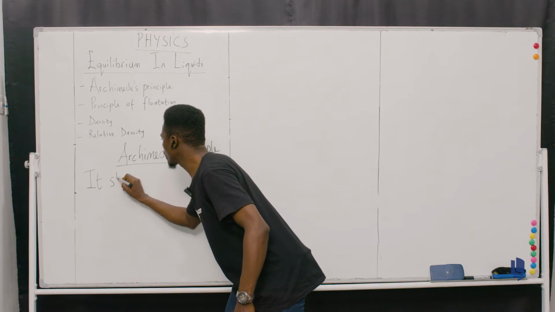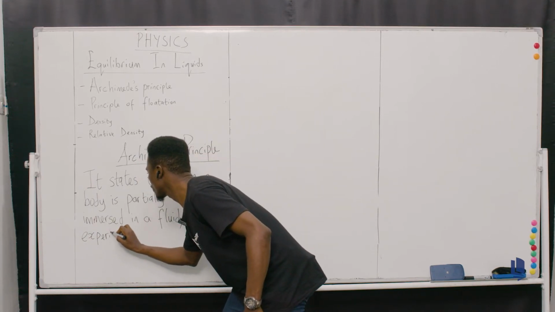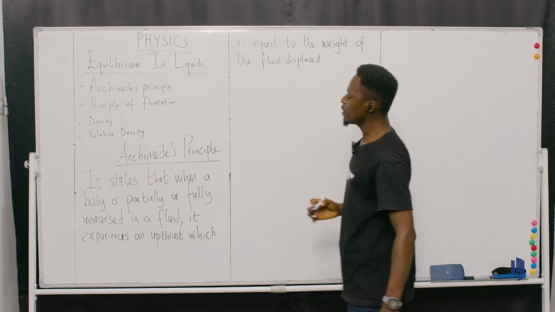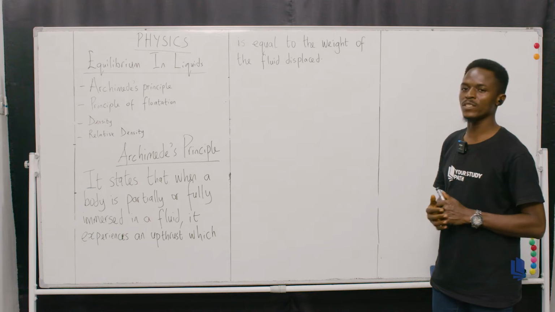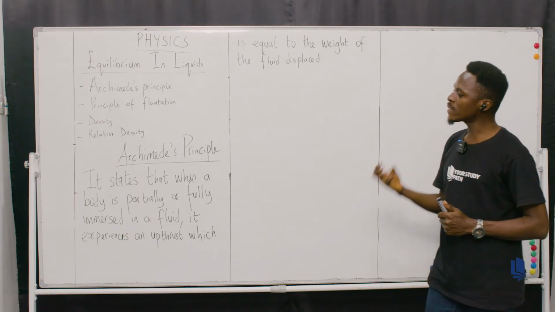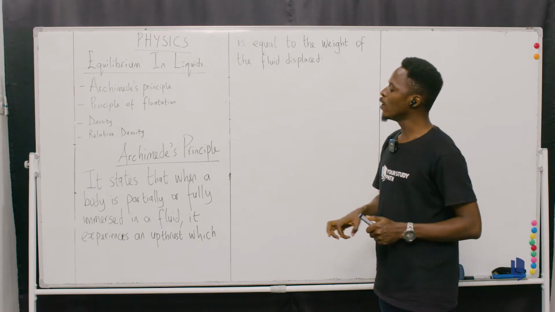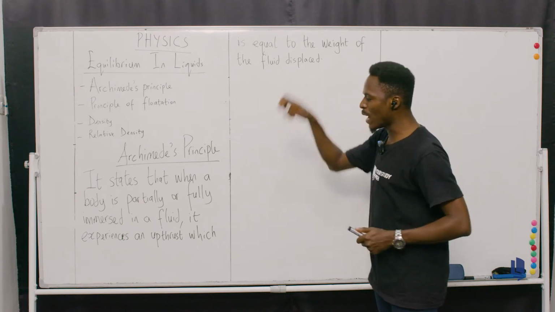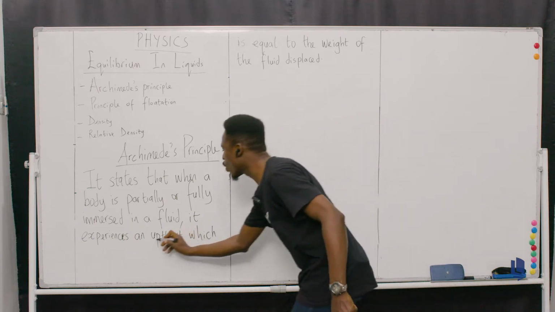It states that it experiences an upthrust. So this is the definition. This is how we will state Archimedes' principle. It states that when a body is partially or completely immersed in a fluid, it's going to experience an upthrust.